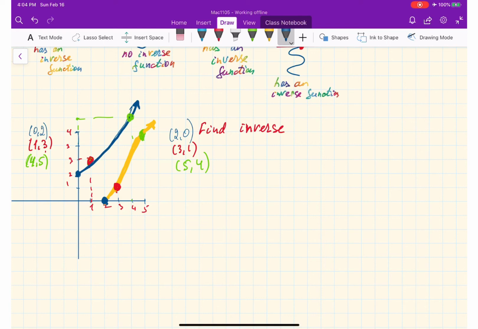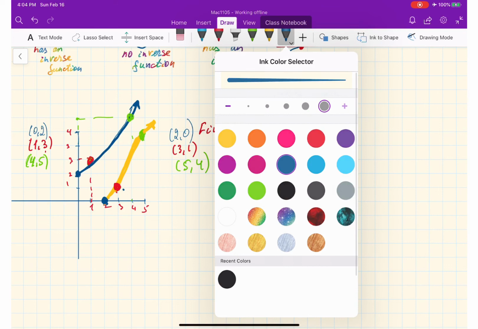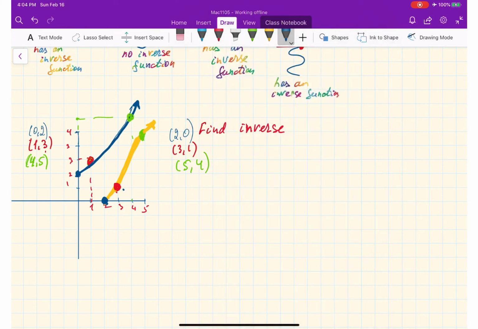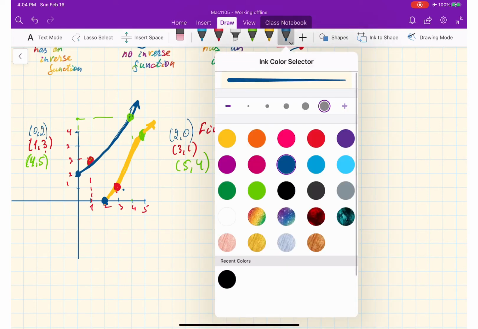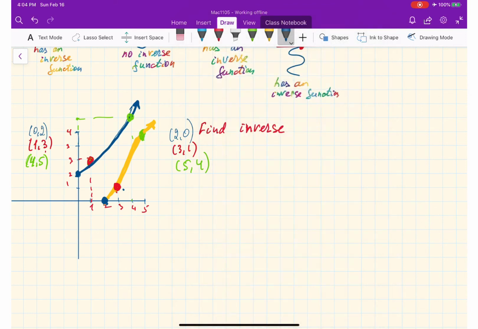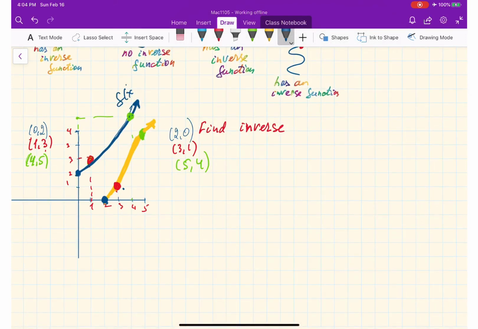Red point on the blue one is inverse to the red point on the yellow one. Okay, this is the first graph. If this one is f of x, then this one is f of negative 1 of x.